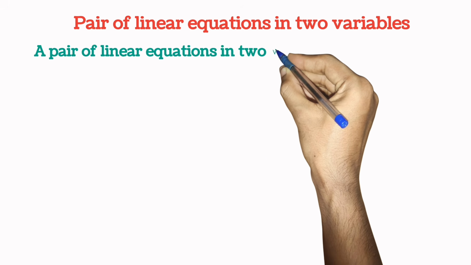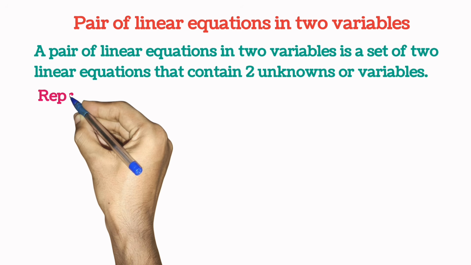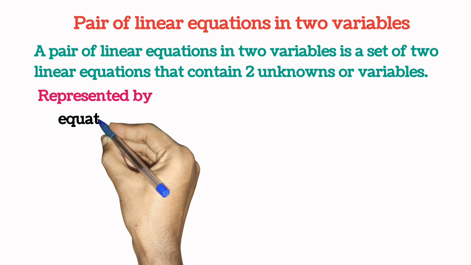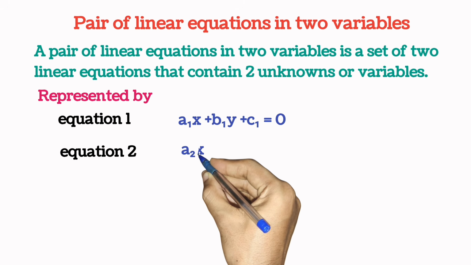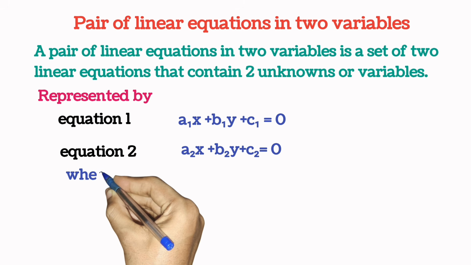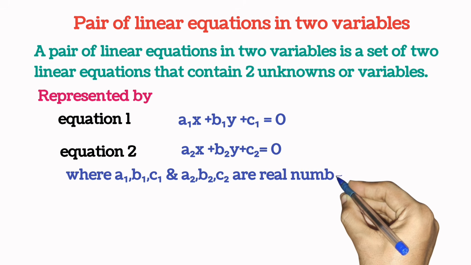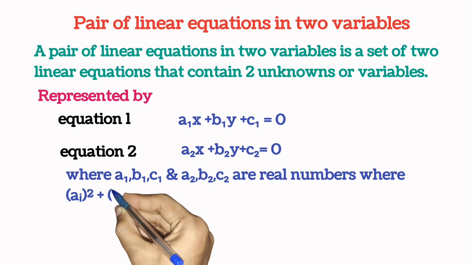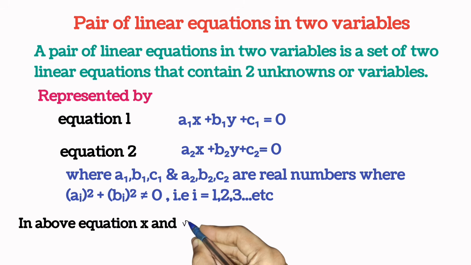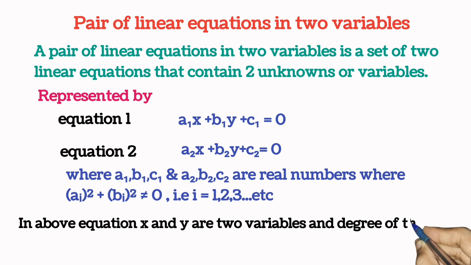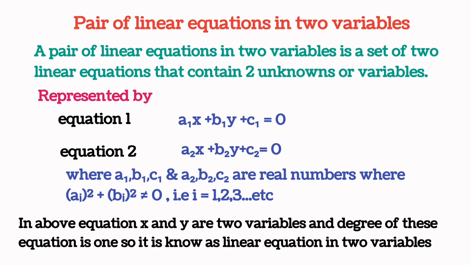A pair of linear equations in two variables is a set of two linear equations that contain two unknowns or variables, represented by equation 1, that is a1x plus b1y plus c1 equal to 0, and equation 2, a2x plus b2y plus c2 equal to 0, where a1, b1, c1 and a2, b2, c2 are real numbers, where ai square plus bi square not equal to 0, such that i equal to 1, 2, 3, etc. In the above equations, x and y are two variables and the degree of the equation is 1, so it is known as a linear equation in two variables.